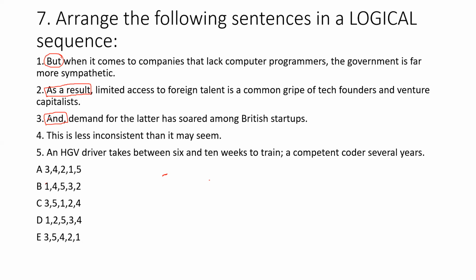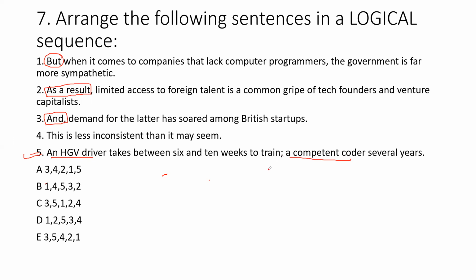And the next one, an HGV driver takes between 6 and 10 weeks to train and a competent coder several years. Now, this seems the basic idea. This introduces the subject, the HGV driver, a competent coder.